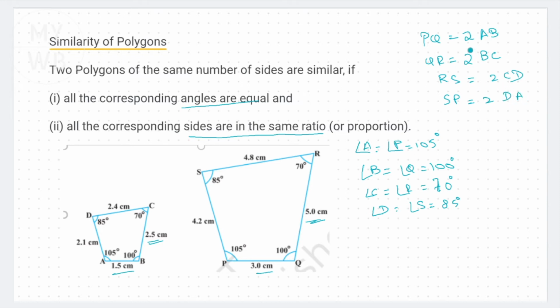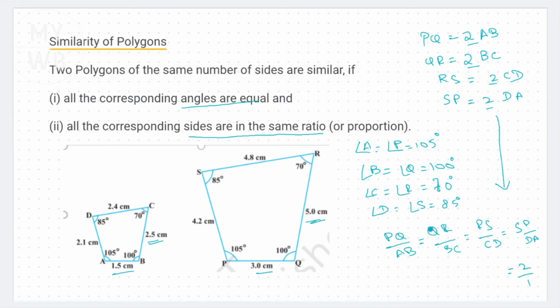So we see that the sides are in proportion to each other. That is, we can write PQ by AB is equal to QR by BC, which is equal to RS by CD is equal to SP by DA, which is equal to 2 by 1.